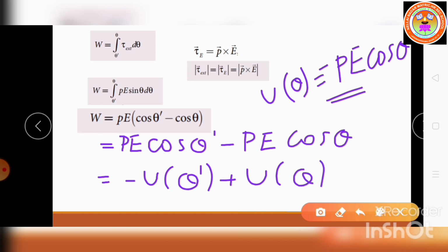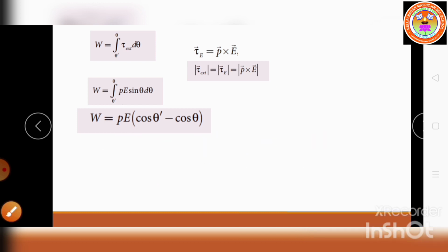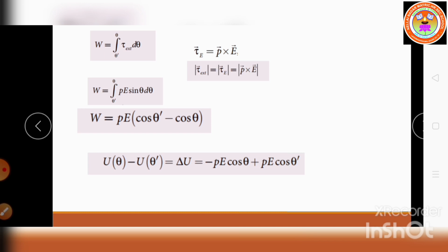Okay, understand children? So I will get the formula minus PE cos theta plus PE cos theta dash is equal to U of theta. So I will get the next equation: U of theta minus U of theta dash is equal to del U, the difference in potential energy.